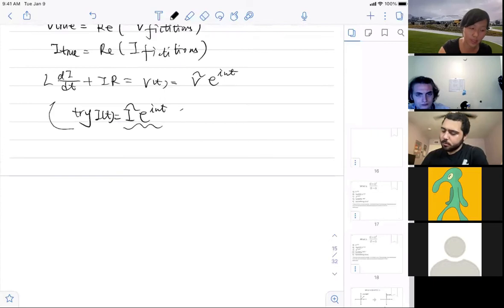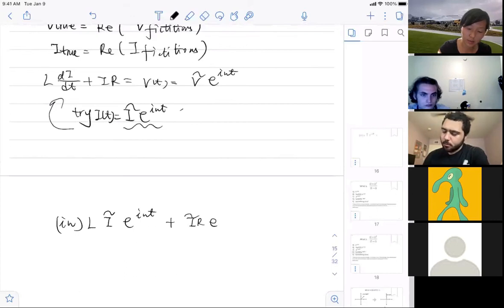So if I plug this back in here, I get i omega L I tilde e to the i omega t plus R I tilde e to the i omega t equals V tilde e to the i omega t. This will simply cancel, and I'm solving for I tilde.